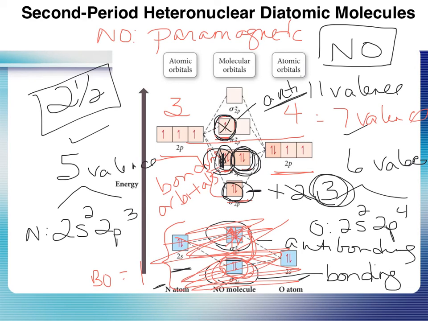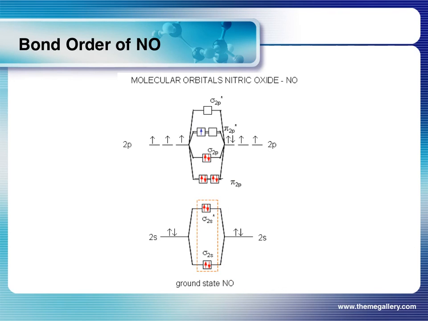If we are to draw the Lewis structure of nitrogen monoxide, remember the steps. You start by counting valence electrons. Nitrogen has 5, oxygen has 6, so we have 11 valence electrons. Then you make a single bond between the atoms to start with.